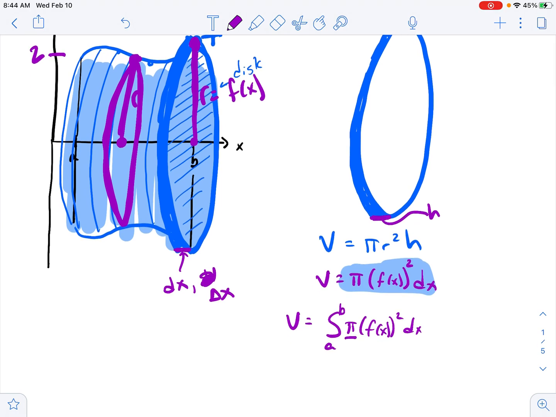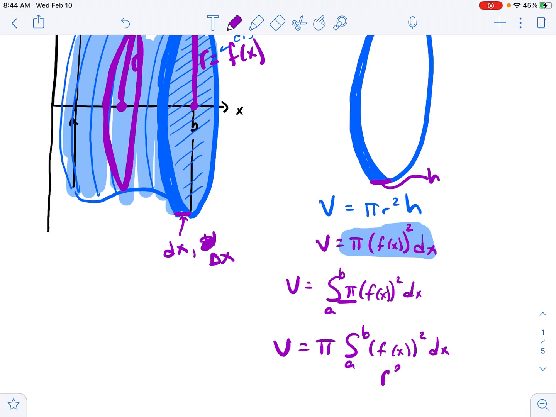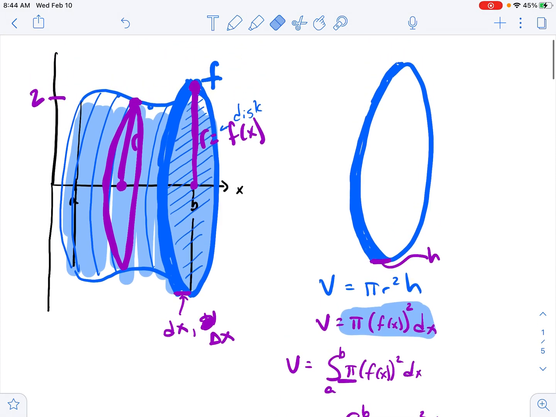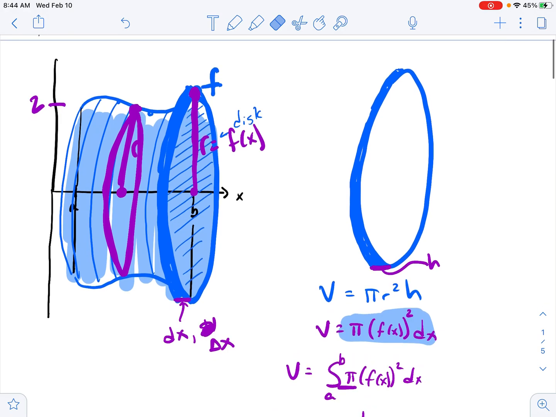And often what I'll do is bring that coefficient of pi out front. So I write the formula like this: pi integral f of x squared dx, which really represents pi, your radius squared, times your height. Okay, and that will give us the volume of a region below a function above the x-axis that's been rotated about the x-axis.